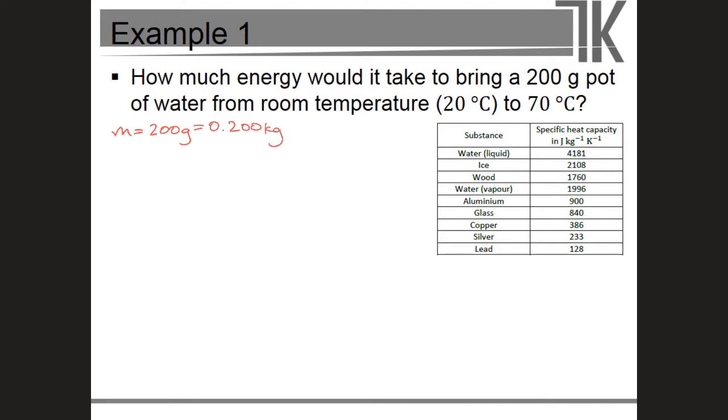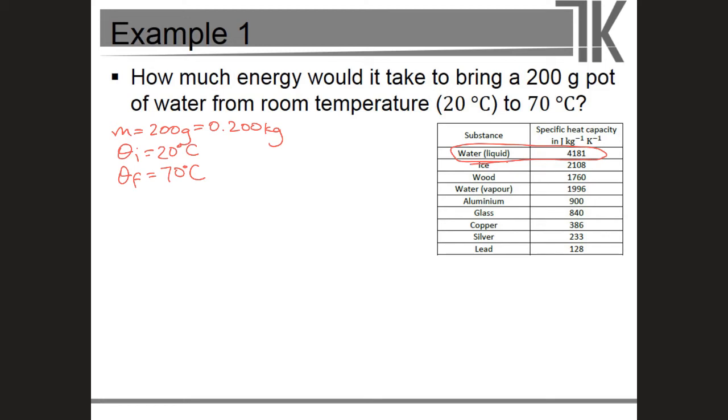Of water from room temperature, 20 degrees Celsius, so that's our initial temperature, to 70 degrees Celsius, so that's our final temperature. And they did say water, and at 20 to 70 degrees, that would be liquid. So from our specific heat capacity table that they've given us, we want to select the liquid water one.